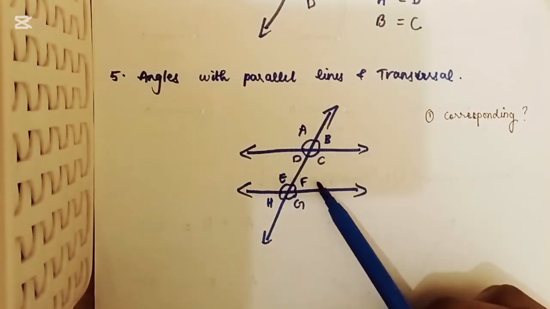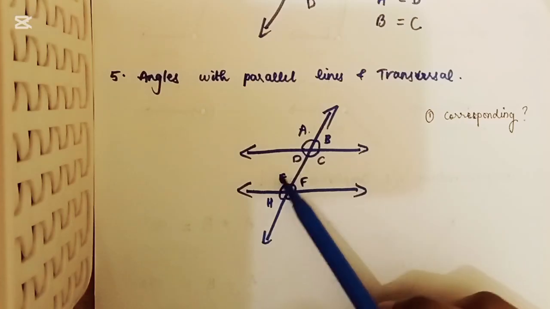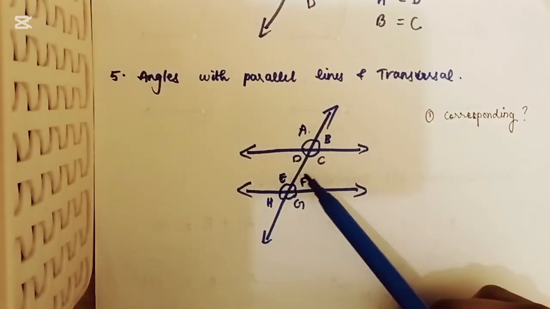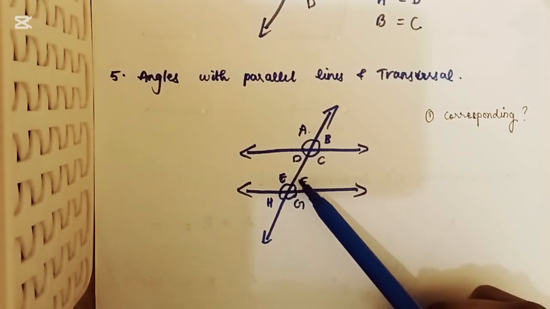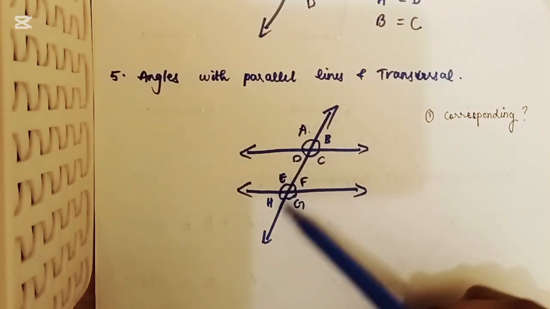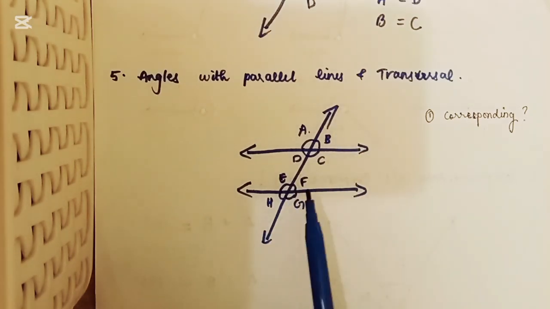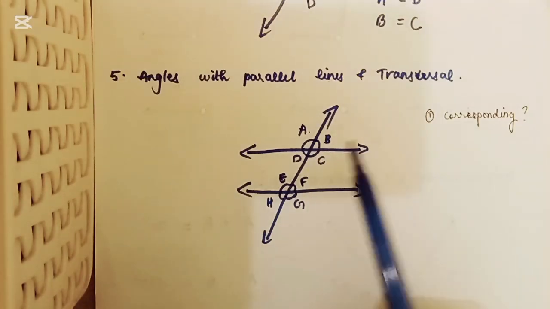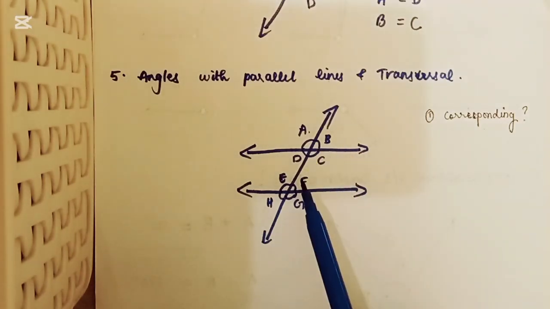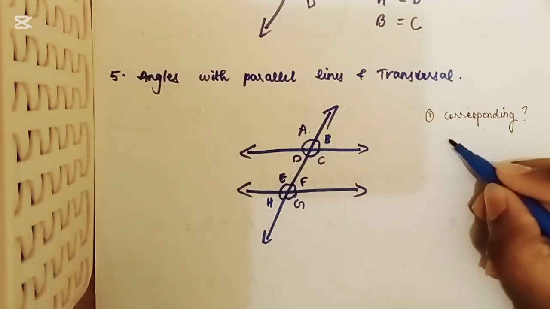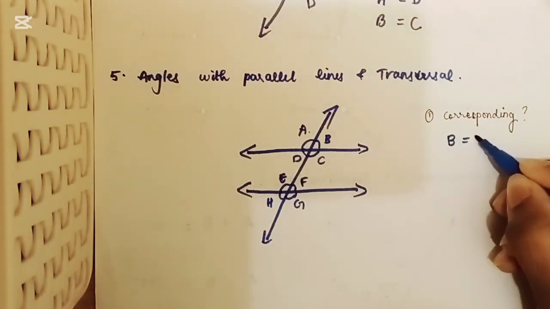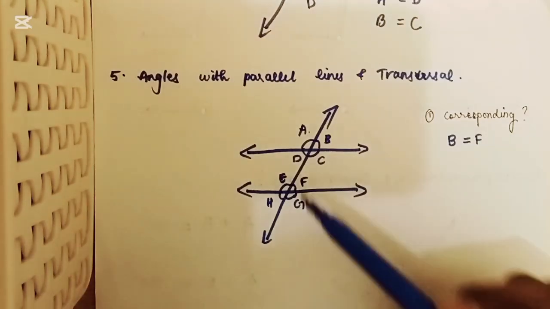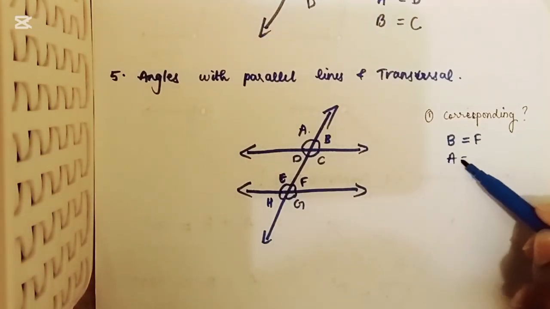In this diagram, B and F are corresponding, A and E are corresponding. How did I get that? B and F are found in the exact same location. That is, when the transversal meets the parallel line, the F angle as well as the B angle is found towards the right side of the transversal. So B and F are corresponding. So from this diagram, B is equal to F, and A is equal to E.